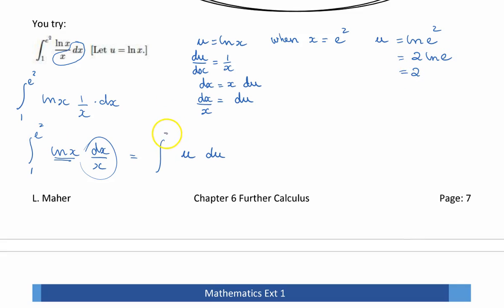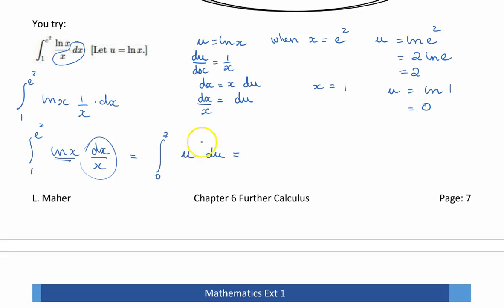So we're going to go u is 2, and when x is equal to 1, u is equal to the log of 1. What do you raise e to get a 1? You raise it to the 0 to get a 1. So we're going from 0 to 2 in terms of u.